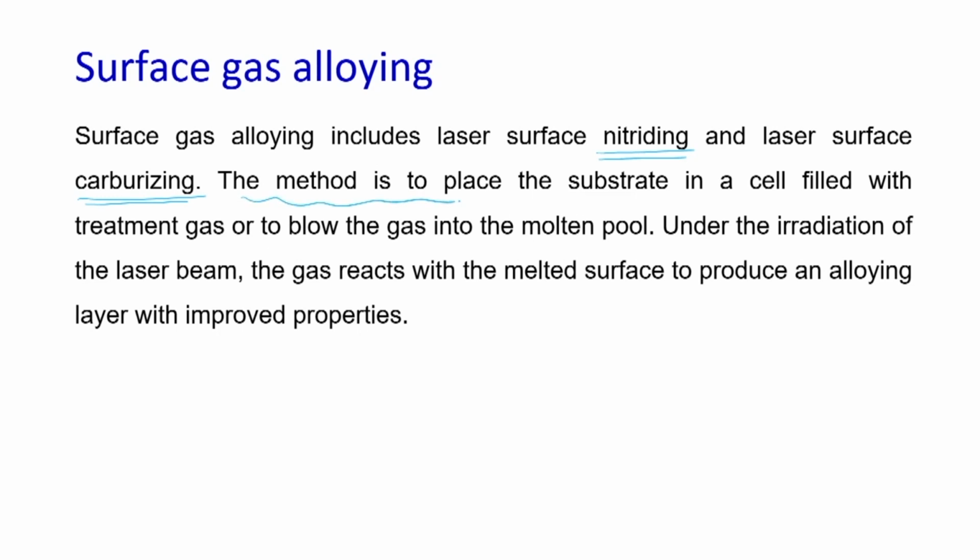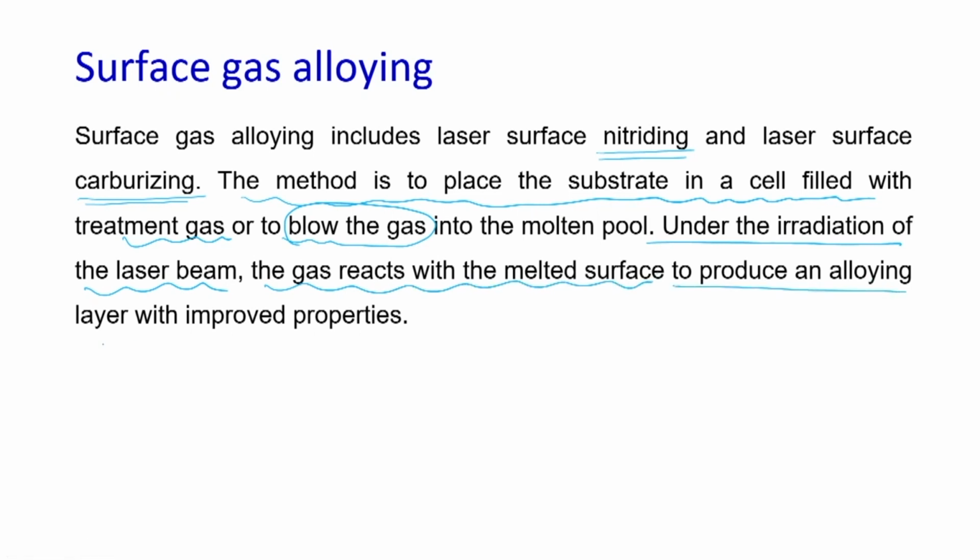So, in this method the substrate is in a cell filled with the treatment gas, or we can even have the blowing of the gas over the material where the laser is getting applied. We are blowing the gas wherever the laser is interacting with the substrate material, where the melting of the material is occurring. So, under the irradiation of the laser beam, the gas reacts with the melted surface to produce an alloying layer with improved properties.